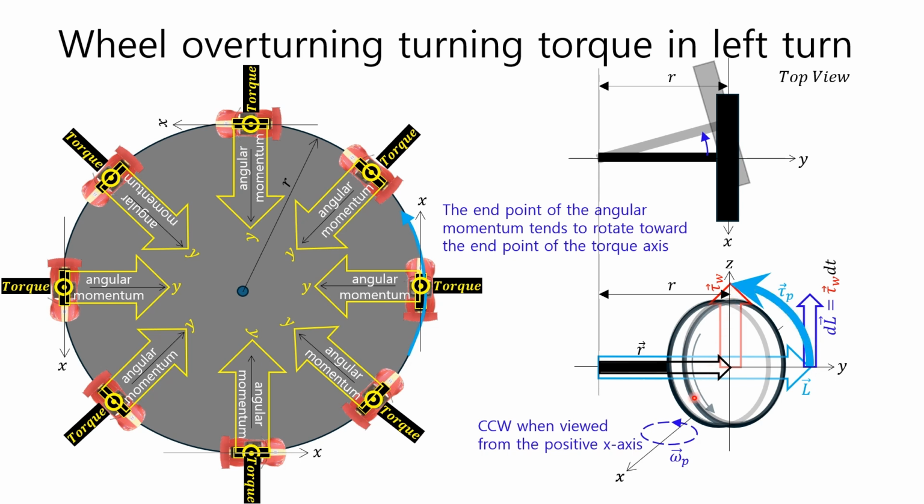Accordingly, an overturning torque tau p is generated in the same direction as the angular velocity omega p of the precession. Therefore, all parts that rotate in the same direction as the wheel, including the wheel, generate an overturning torque that tries to rotate outward in the same way. The overturning torque that tries to rotate outward about an axis parallel to the x-axis increases the load transfer to the outside.